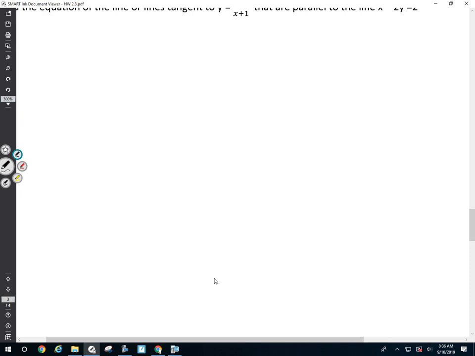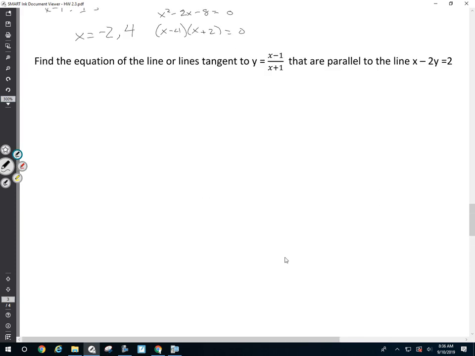Same thing. Fantastic. Equation of the line of lines. I hope that we have to distribute some things here when I take the derivative. Let's see. All right, I'm going to solve. So it's the same question as before, so I'm not going to spend as much time going through the process. There's the equation of the line. I need my tangent slopes to equal that slope.